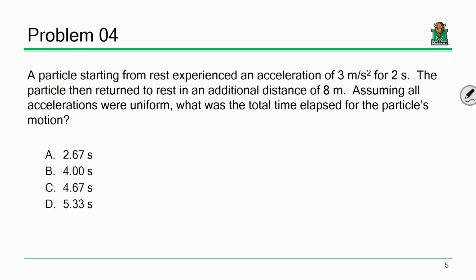Okay, so let's take away a couple things. Number one, it seems there are 2 events happening with this particle. The first event is that it starts from rest and experiences an acceleration for 2 seconds. And then the next event is that now that it's moving, it goes back to rest over a distance of 8 meters.